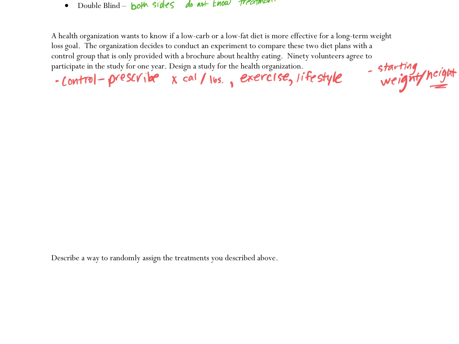Okay, so then we have random. For lifestyle and control, we kind of just weed out certain people. No, you can't weed out because you have your 90 volunteers. That's who you have. For the stuff that's hard to control for, what you do is you try to ensure that, say 10 of the volunteers are construction workers.